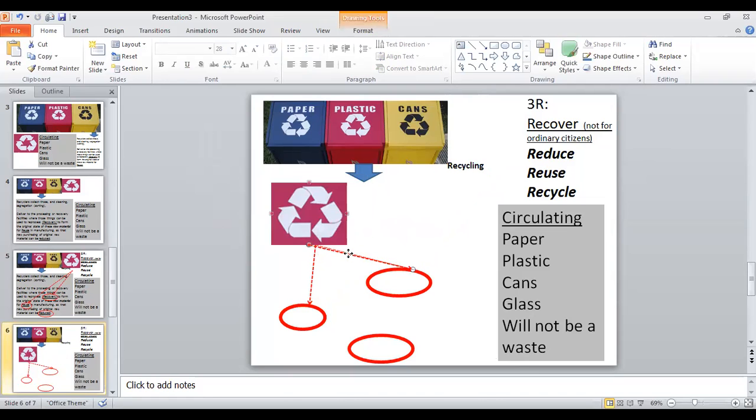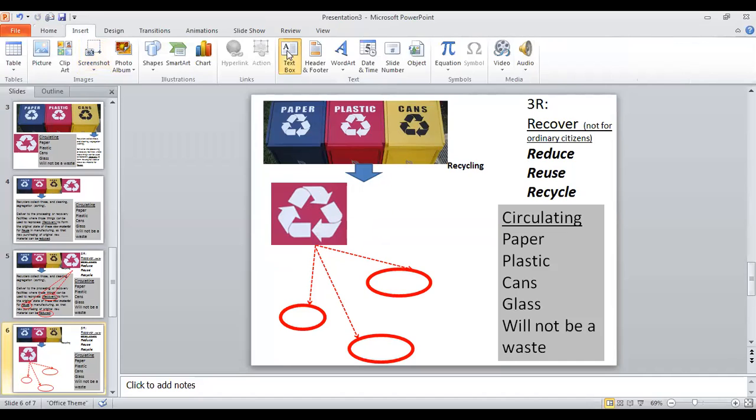What are the meanings you have for this? Yes. Circulating. Okay.